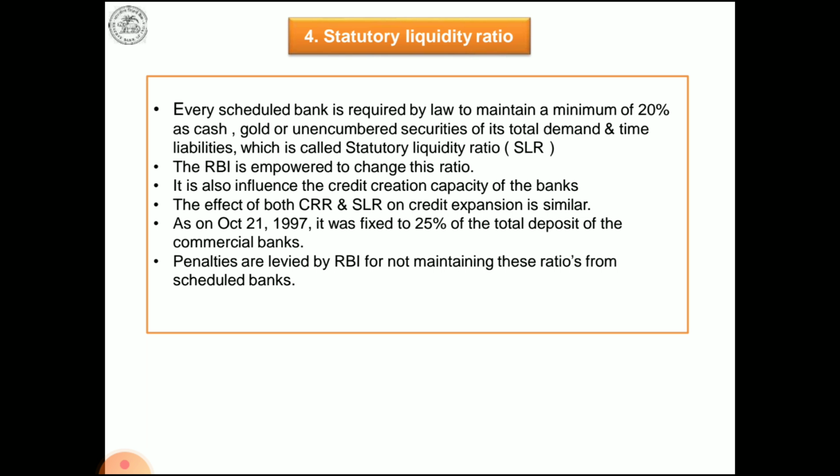So credit creation will decrease if the SLR is increased. Similarly, if the SLR is decreased, credit creation will be more because the commercial banks will get enough funds. Penalties are levied by the RBI on scheduled banks for not maintaining these ratios. If any bank is not maintaining the SLR as per the RBI's instruction, it has to pay a huge penalty to the RBI.